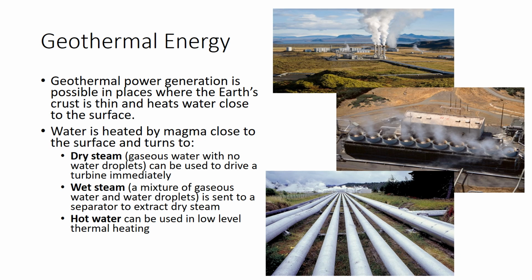Water is heated by the magma close to the surface, and so you have steam where it can drive the turbine immediately. They have steam where it's a little more wet, so more water droplets, like liquid water as opposed to gaseous water, and it's sent to a separator to extract it.